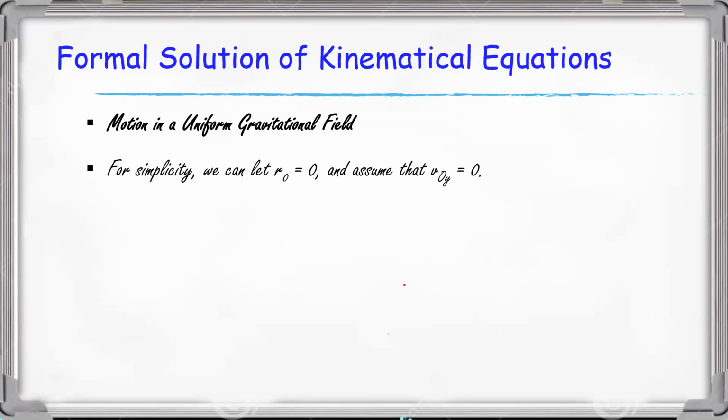So the motion of the particle takes place in which plane? There is no variation in the y direction. Initial y0 is equal to 0, and v0y is also equal to 0. So the particle is not deflected towards the y direction. So the motion takes place in the xz plane.